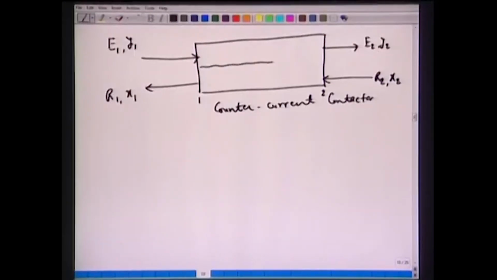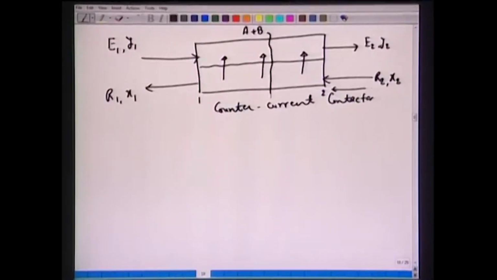So we have essentially two phases here, and we can assume again we have binary mixtures of A and B, and only A diffuses, say, from R phase to E phase. Now as this stream enters from this direction, this mole fraction X2 will be larger.